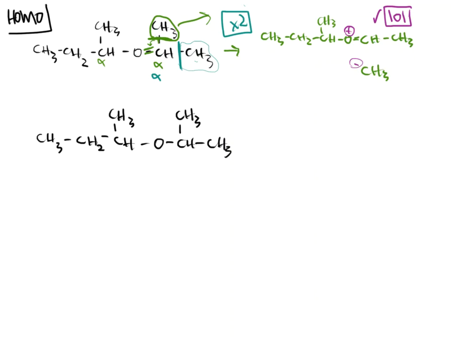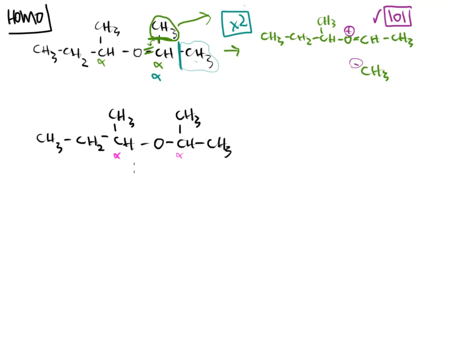Again, I'm focused on the alpha carbons here. An alpha carbon is there. An alpha carbon is there. Well, we've already taken care of the right-hand side. No big deal. We said that either one of those methyl groups can be chopped off of there. Gives us the same product in the very end. So we're looking at that 101 peak, and that's it.